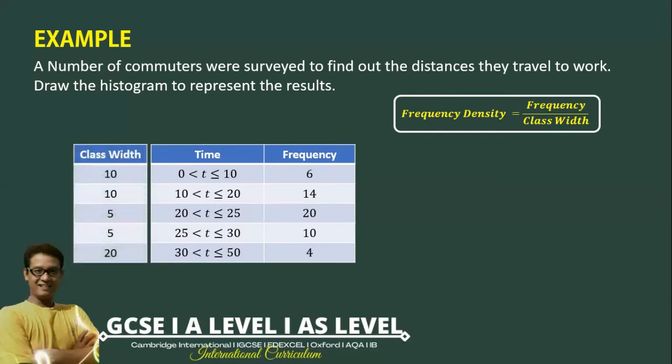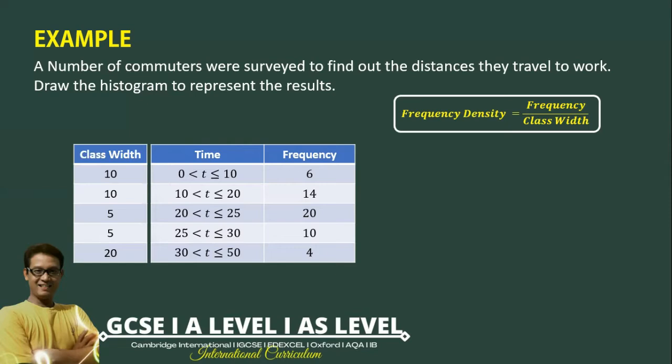For the first row, the class width is 10 minus 0, so it is 10. For the second row, the time is 10 to 20, so the class width is 20 minus 10. The class width is 10.